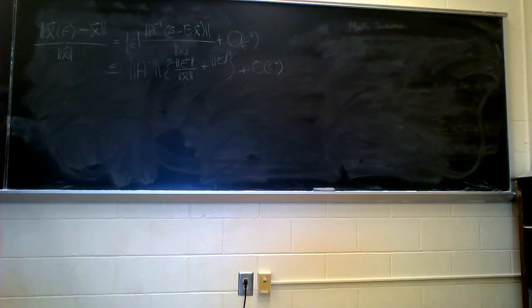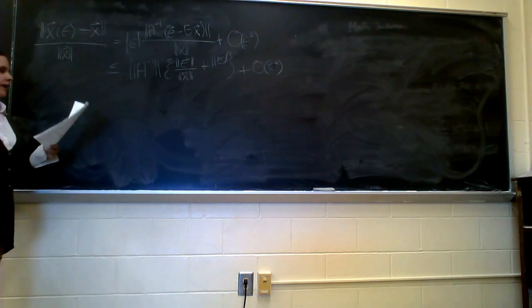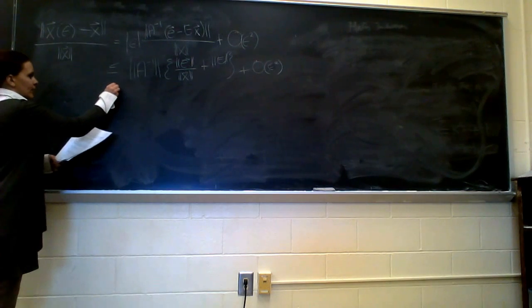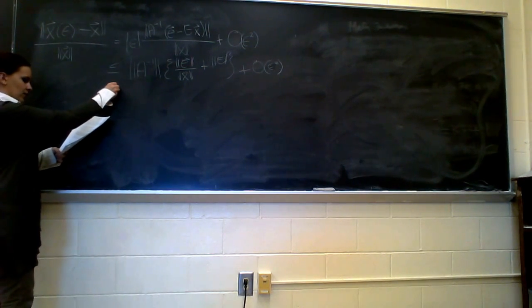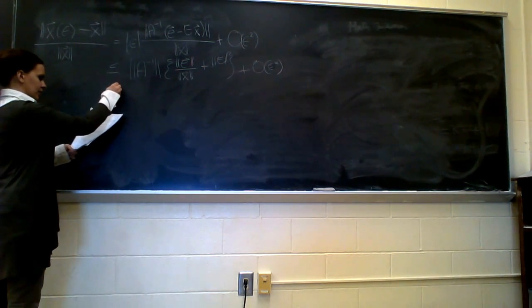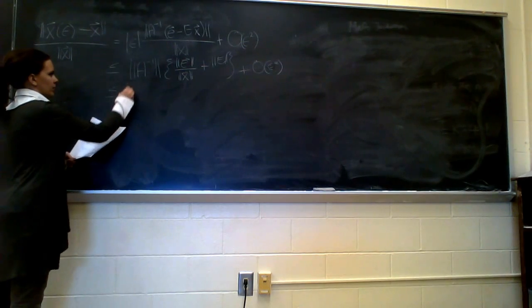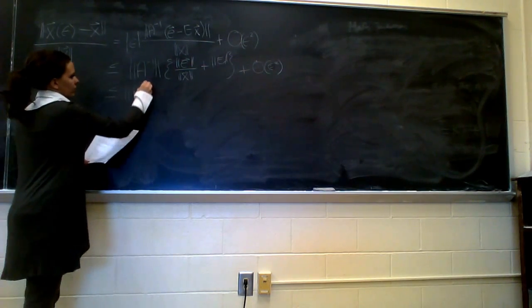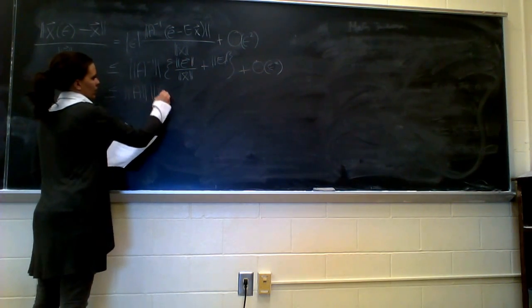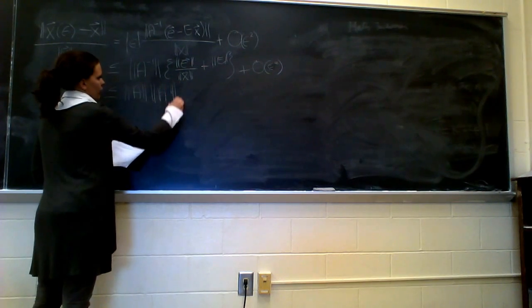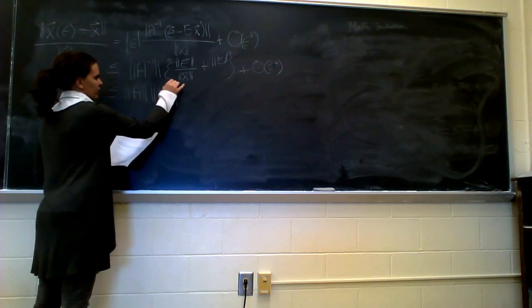Now what I'm going to do is multiply and divide by the norm of A. And when I multiply and divide by the norm of A, then I'm obviously going to get the norm of A times the norm of A inverse.